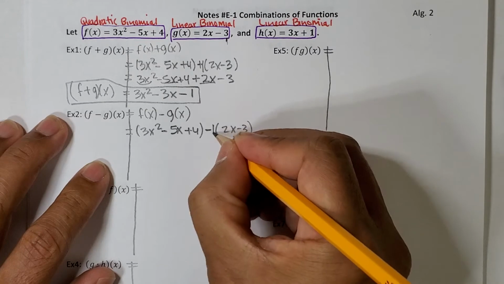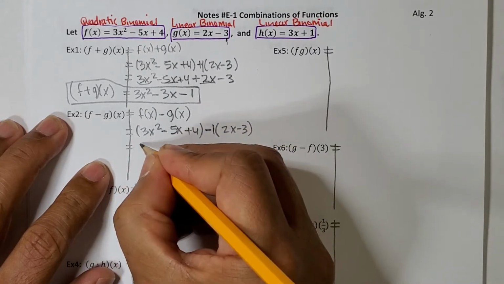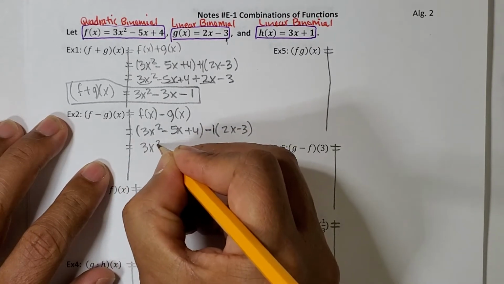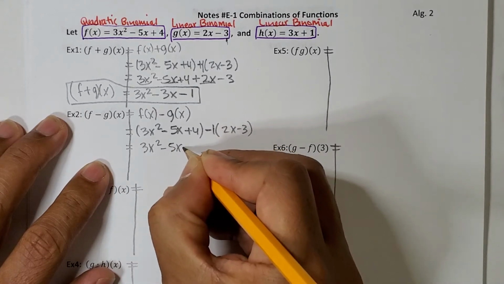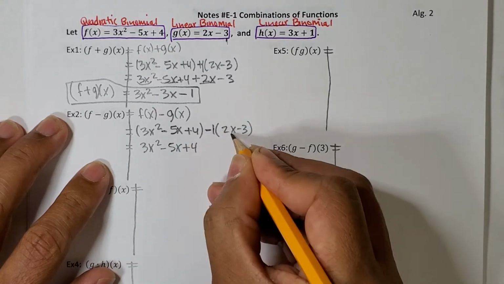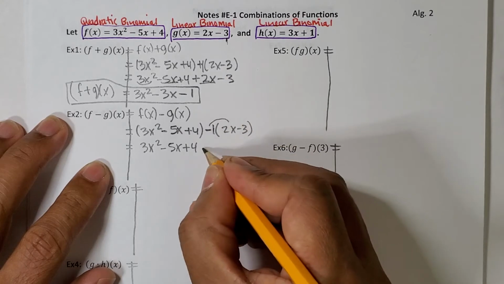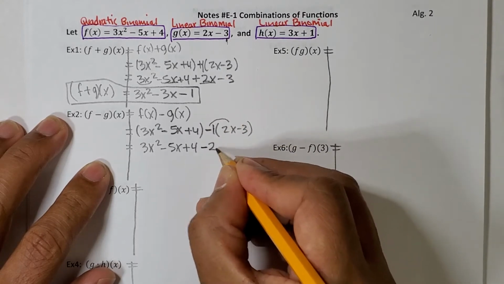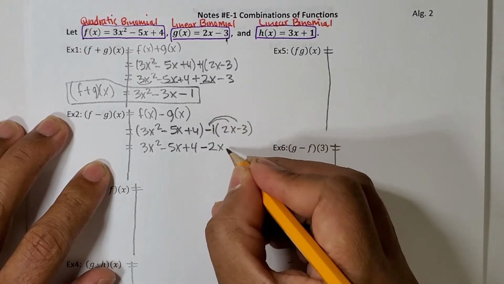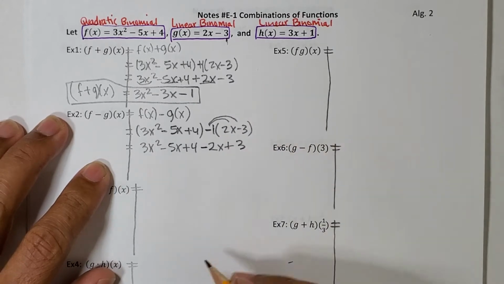Again, negative 1 implied in front of the parentheses. I'm going to remove parentheses for the first one, and also for this one, but I'm going to distribute that negative 1 to the 2x. So this becomes negative 2x, and negative 1 times negative 3 is going to be positive 3.